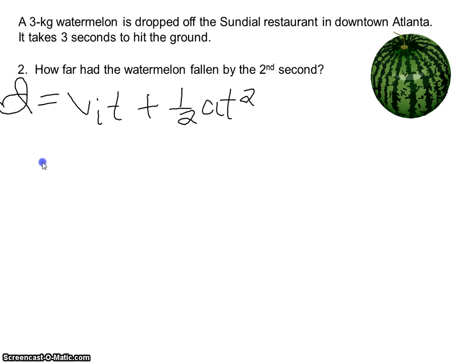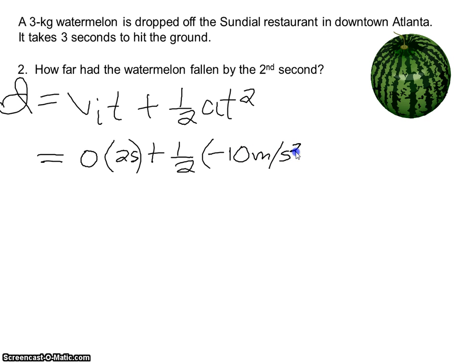So let's put in all the numbers that we know. We know that the initial velocity is 0. The time is 2 seconds. Gravity is still negative 10, regardless of whether it's hit the ground yet or not. And the time is 2, and that's going to get squared.